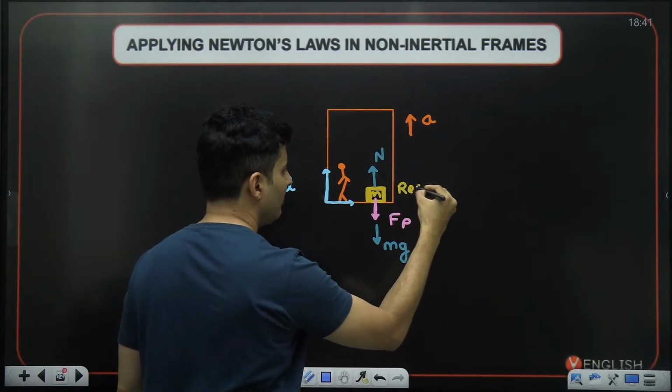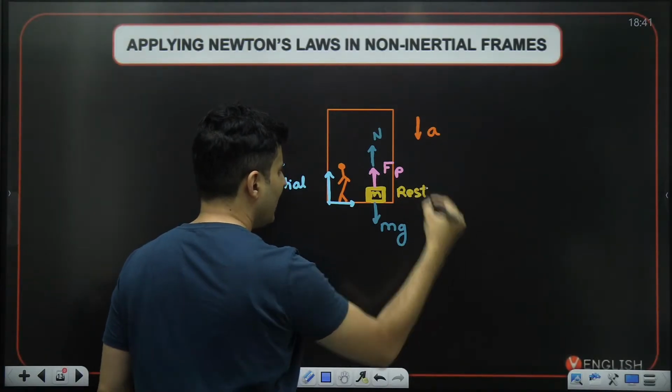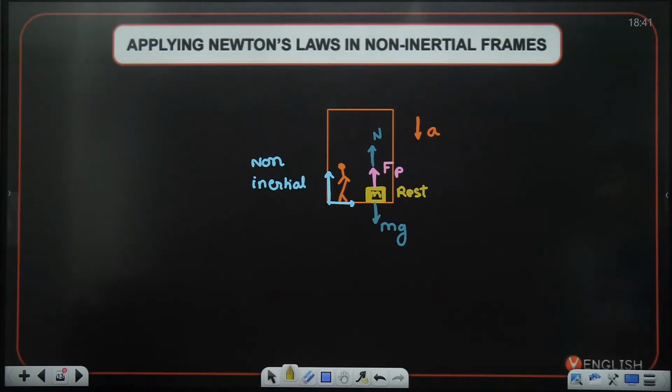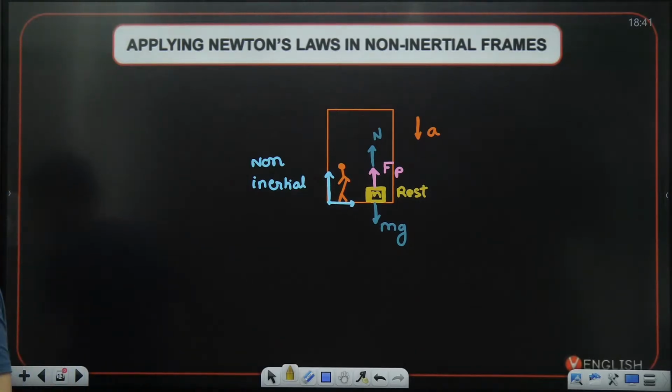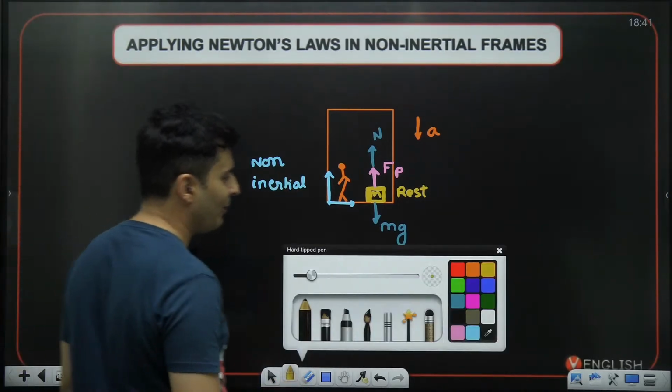The box will be at rest for the lift frame. Agree or disagree? Quickly put it in the chat box. Yes, the box will appear to be at rest. Yes, amazing.